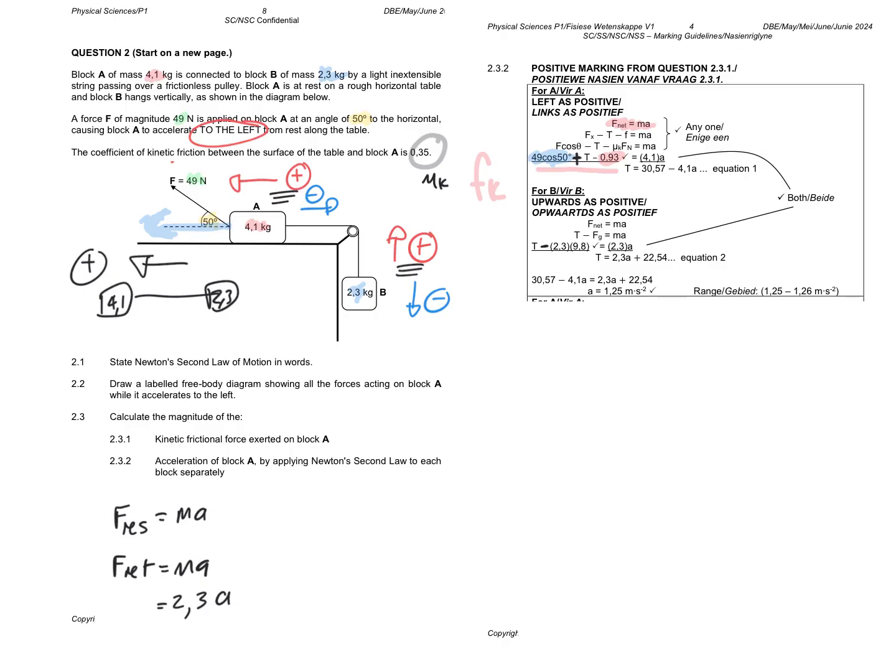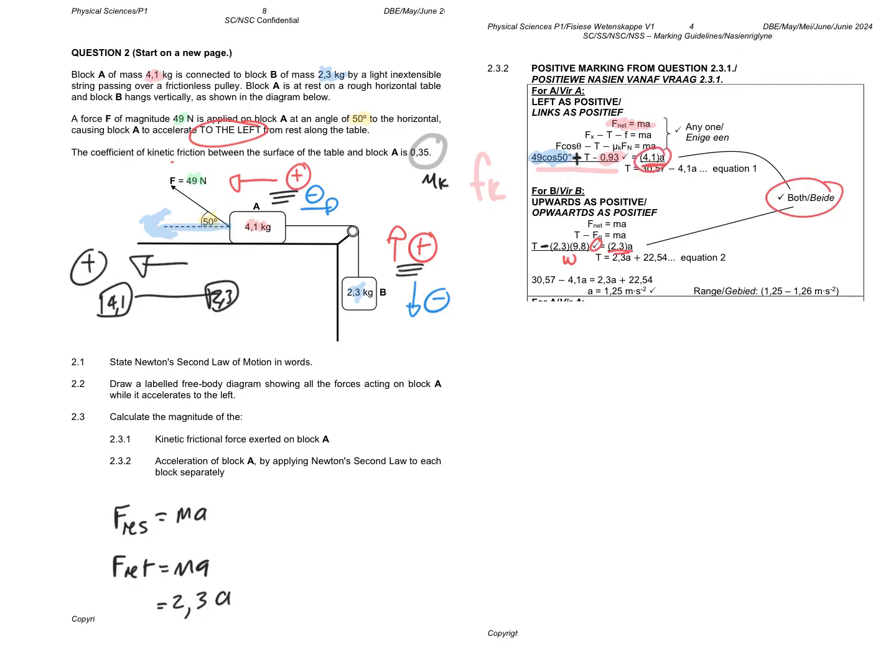And you'll see here, once again, you have a range as an answer. The 2.3 times 9.8, I'm not sure if you're aware, but that is the weight. So if you just work out the weight, you can see there's a mark here for weight. There's a mark here for subbing in the mass next to acceleration.